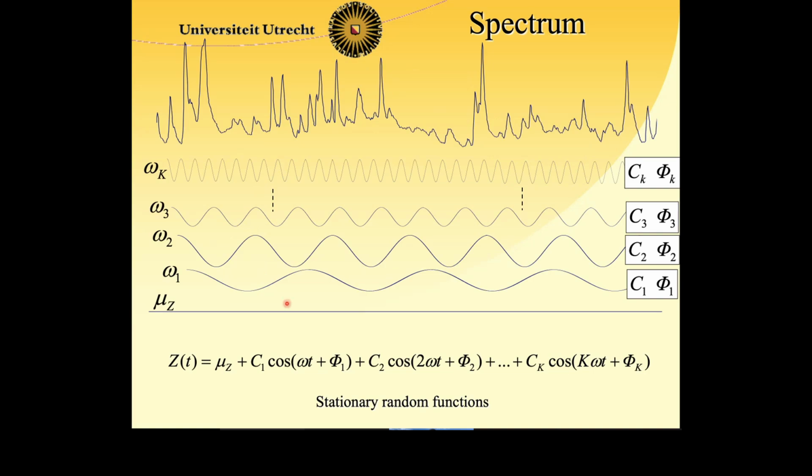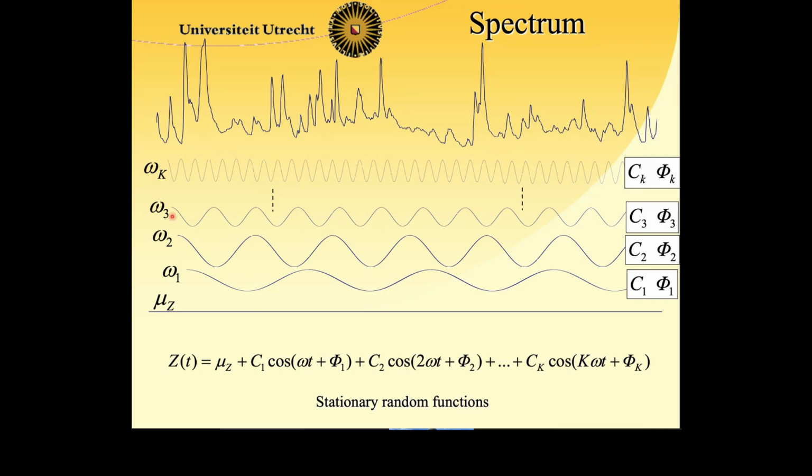Now, what is a spectral decomposition of a series? This is done here. Here you see a realization of a random function, it can be discharge or groundwater table elevation or whatever. And what can be proved, if this is a realization of a stationary random function, is that we can construct realizations of this random function by a sum of random periodic functions or cosine functions.